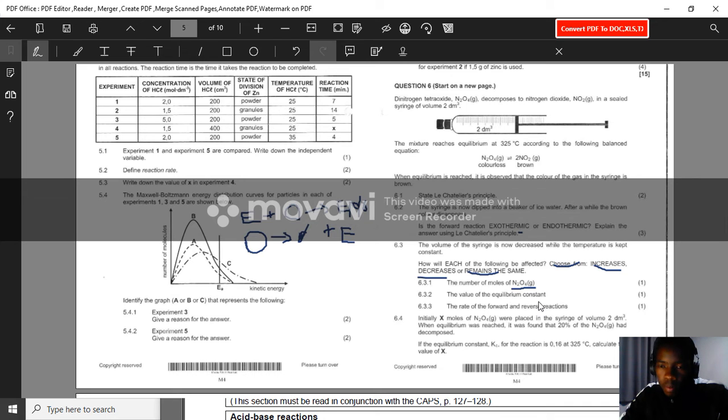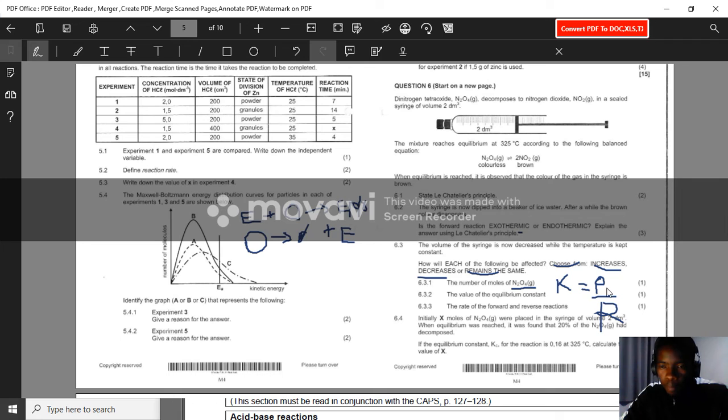The value of the equilibrium constant, let's remember that the equilibrium constant, which is K, is the concentration of products over concentration of reactants.